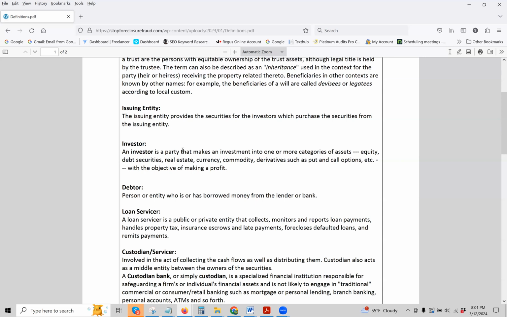So when an investor purchases, let's say John Doe purchases 10,000 shares or a 10% share or 5% share of particular securities, then the issuing entity is going to provide those securities, provide the documentation, those related type of things. That's what the issuing entity means.